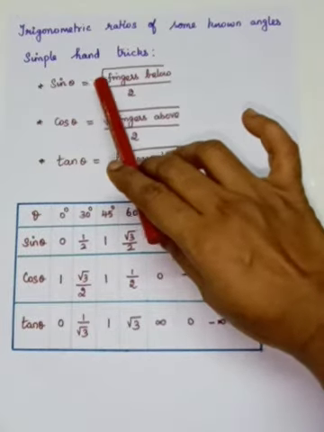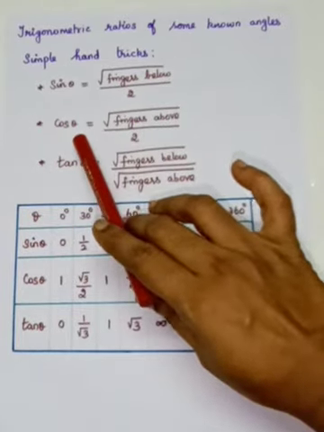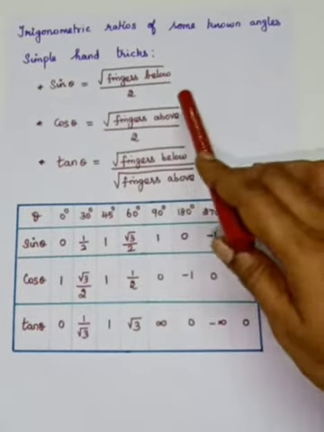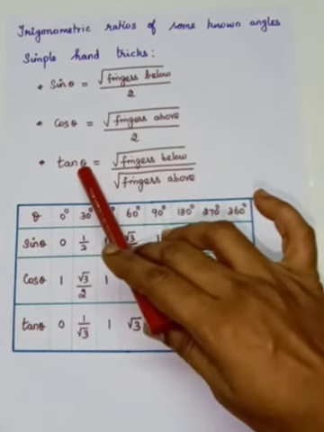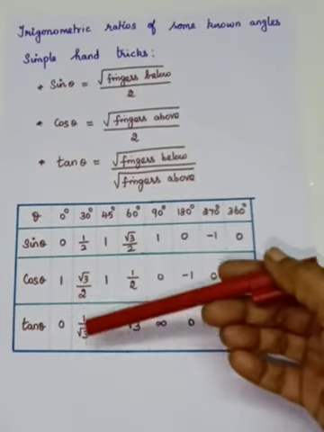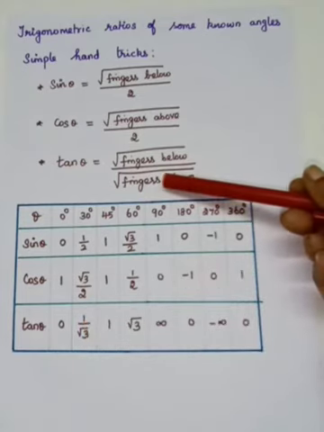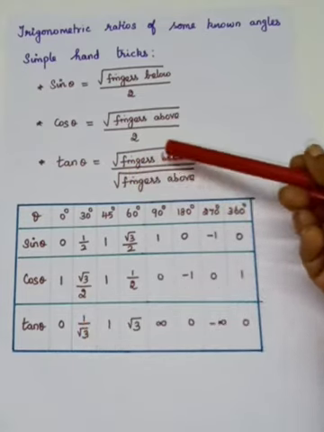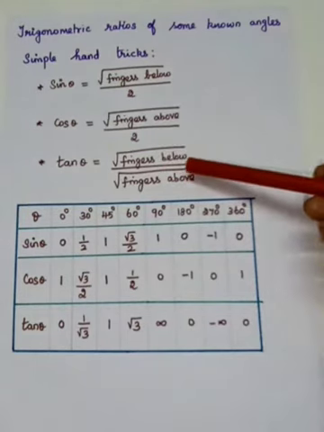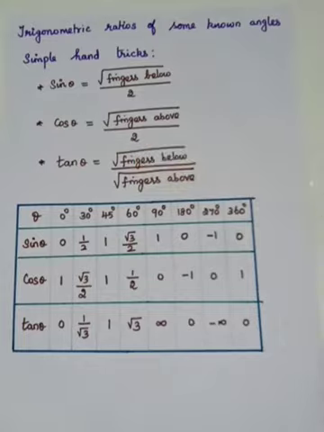Sin theta means square root of fingers below divided by 2. Cos theta means square root of fingers above divided by 2. And tan theta, if sin and cos theta come, if you divide you will get tan theta. Otherwise you can remember it as square root of fingers below divided by square root of fingers above, that is sin theta by cos theta.